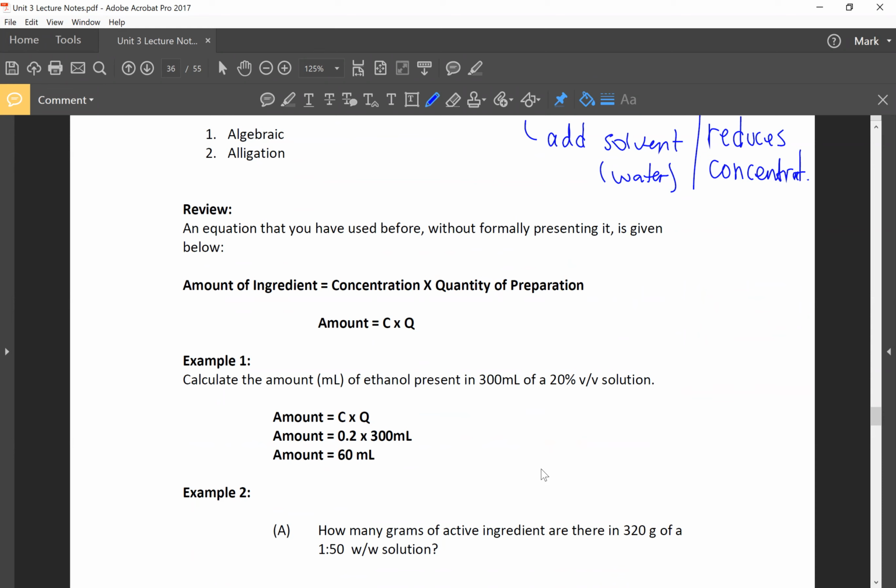So, an equation you've used before, and honestly, you've used it more in chemistry than anything, is: the amount of ingredient is the concentration times the quantity used in preparation. Hold on now, let me write something down here.